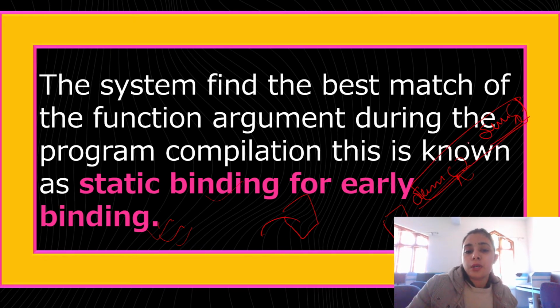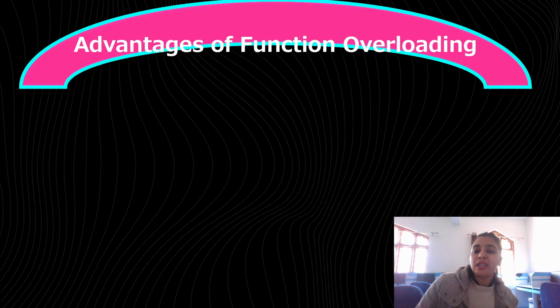So before compiling, you find an error that you have to correct. So the system finds the best match of the function argument during the program compilation only. This is called early binding, or in another word, static binding also.